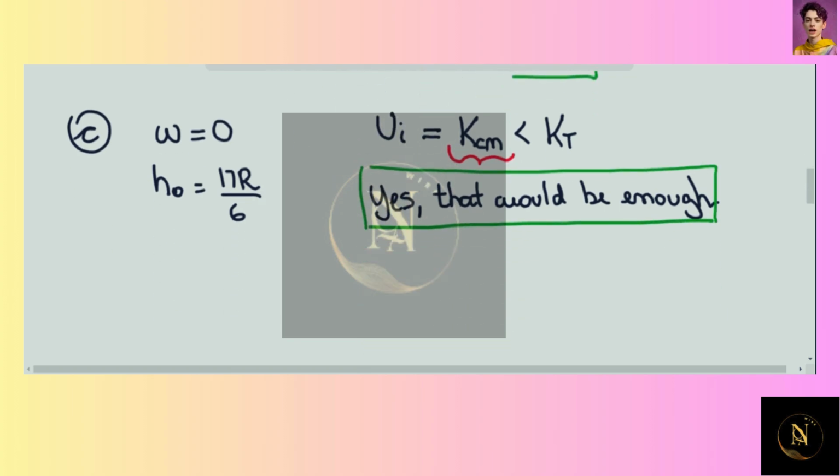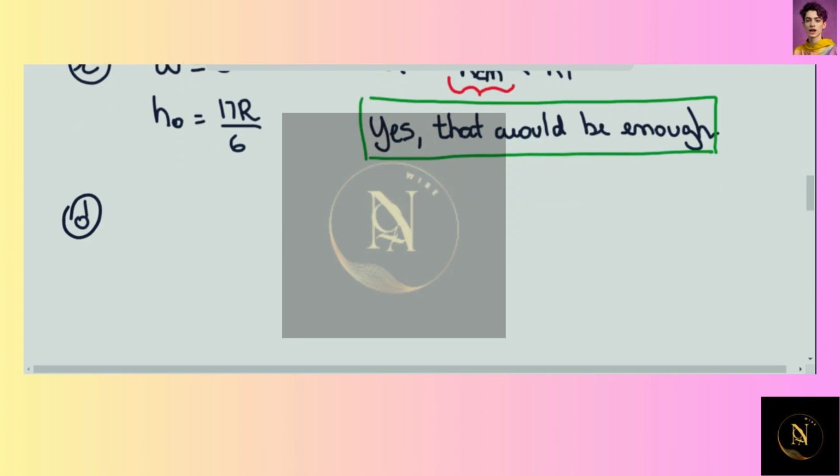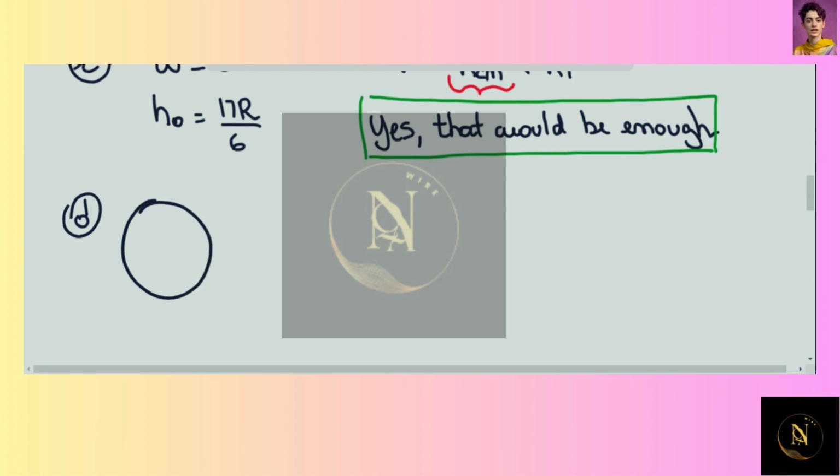Okay. Then in question D, considering that the object slips while rolling, we have to find what is the normal force that the track exerts on the object at point A, so up here.